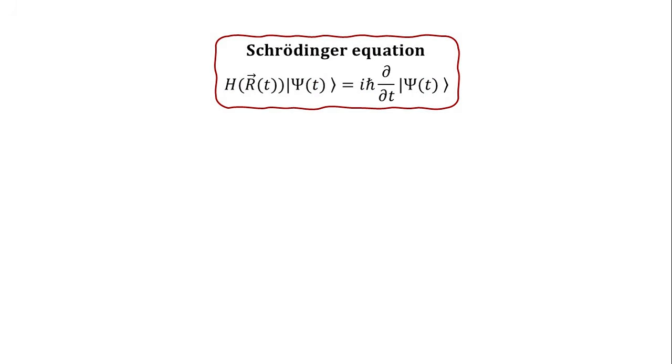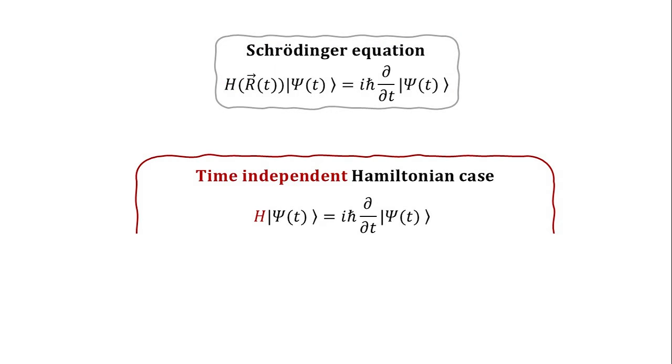To understand this, we must analyze the wave function psi after time evolution. The time-dependent Schrödinger equation governs this evolution. Since the Hamiltonian depends on time through r, solving this first-order differential equation is non-trivial. But let's first recall how we solved the Schrödinger equation for a time-independent Hamiltonian.